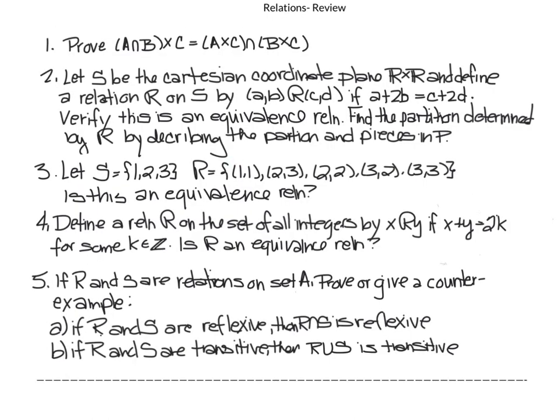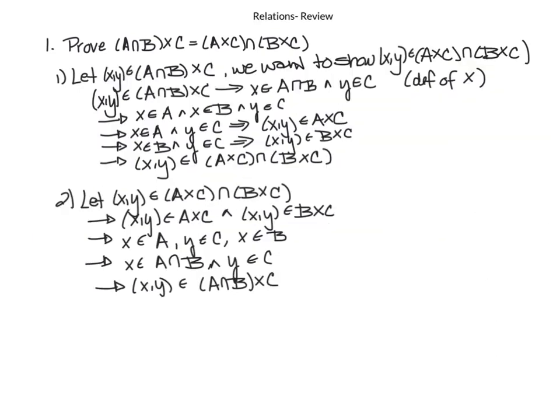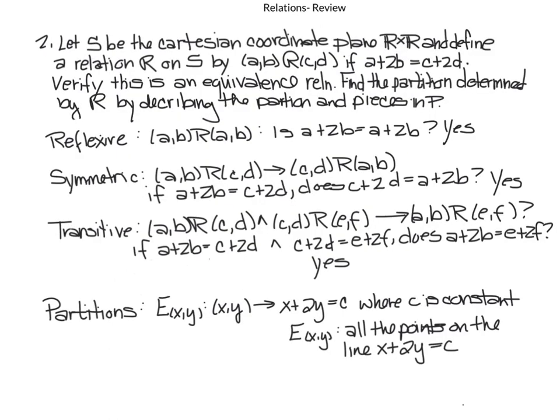So here are 5 review problems for you to try. Pause the video, give them a try, and then I will have solutions on the next slides. Here's my solution for problem number 1, and you'll see that I use the definition of cross product. Here's my solution for problem number 2.